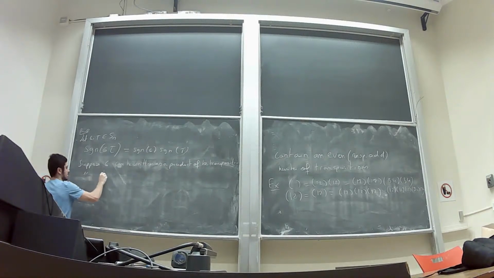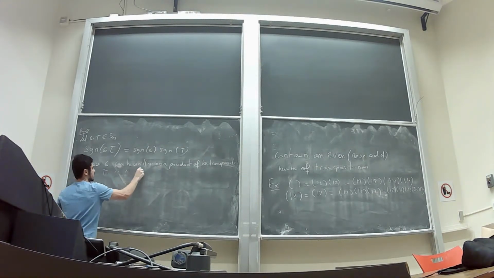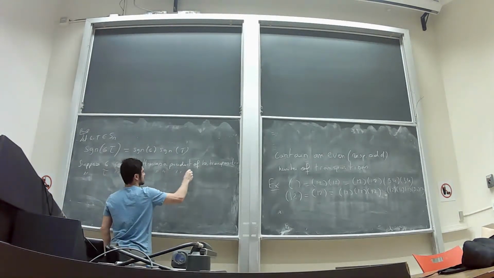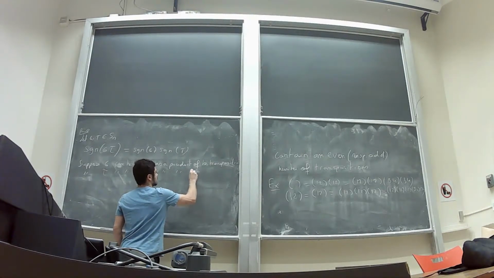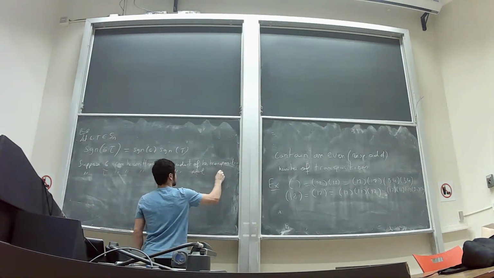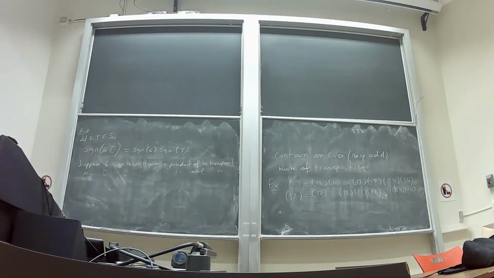And suppose that tau can be written as a product of L transpositions. Sigma is a product of K transpositions, tau is a product of L transpositions. When you put them together, you get K plus L transpositions for sigma tau.